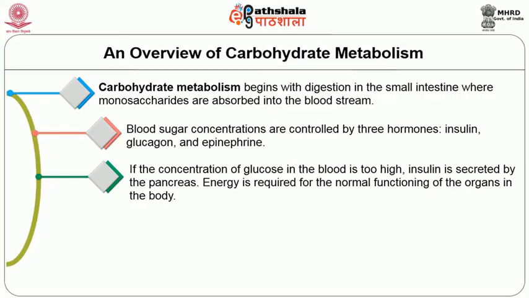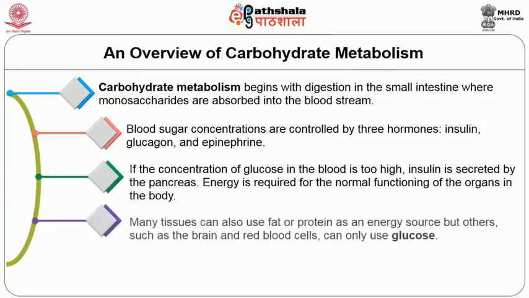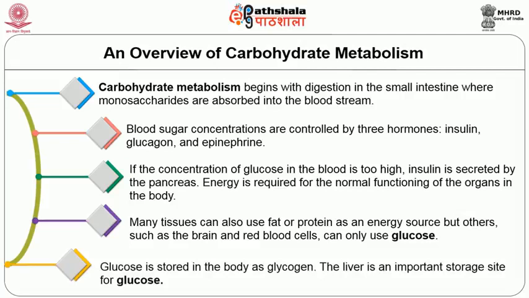Glucose is required for the normal functioning of the organs in the body. Many tissues can also use fat or protein as an energy source, but others such as the brain and red blood cells can only use glucose. Glucose is stored in the body as glycogen. The liver is an important storage site for glucose.